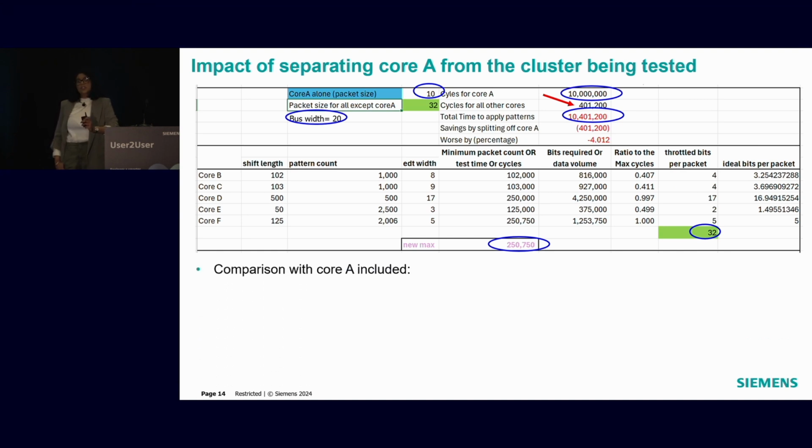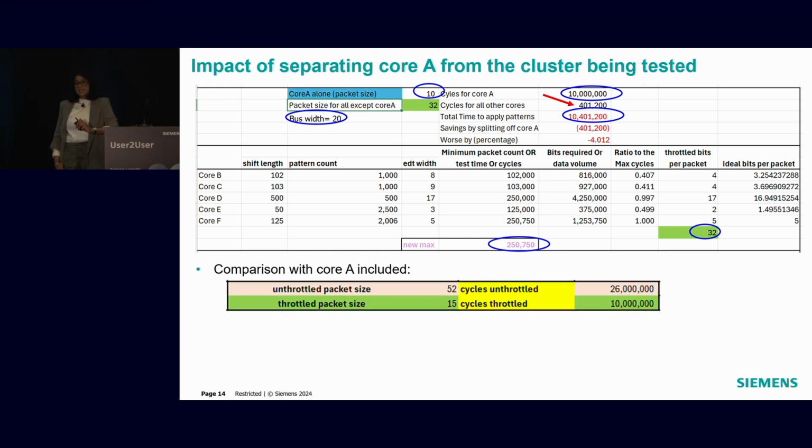But what was throttling giving me in the previous slide? It was still giving me 10 million cycles. We are evaluating whether I can separate core A from the mix and see some good results. Even after separating core A from the mix, you are still having 10 million cycles with throttling, and 10.4 million after separating the core.